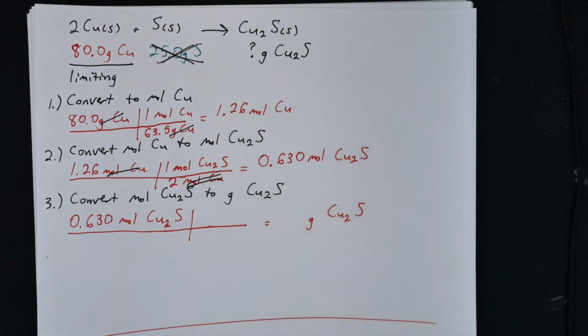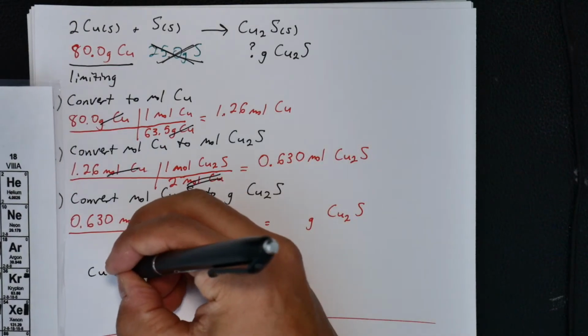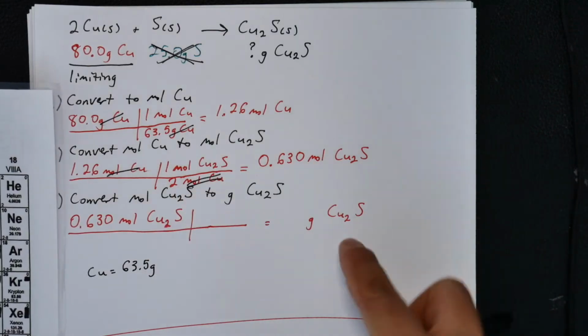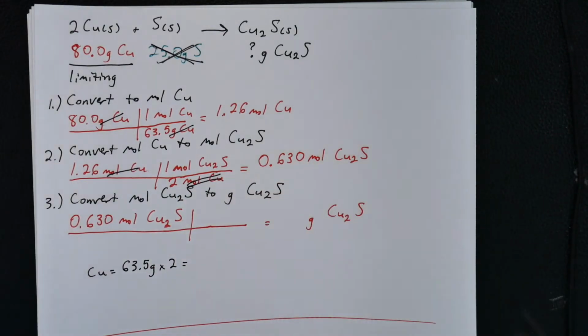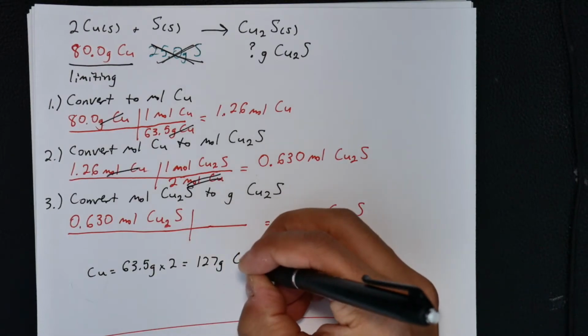So if we look on the periodic table, we'll have to add up some numbers here to find our molar mass. Copper has a molar mass of 63.5 grams. There are 2 of them, so we have to multiply that by 2. Real quickly, 63.5 times 2 is 127 grams from the copper.